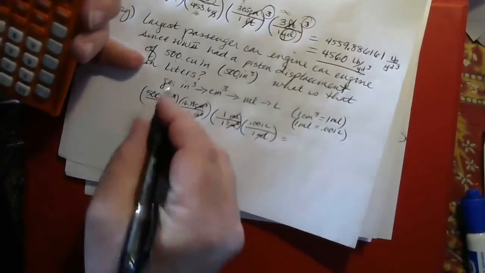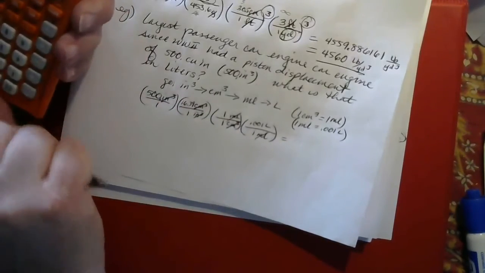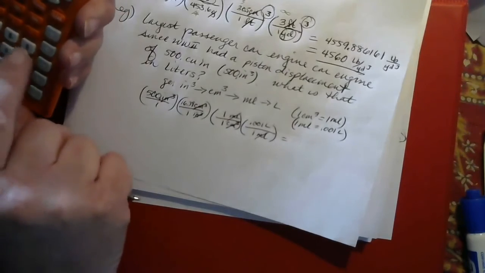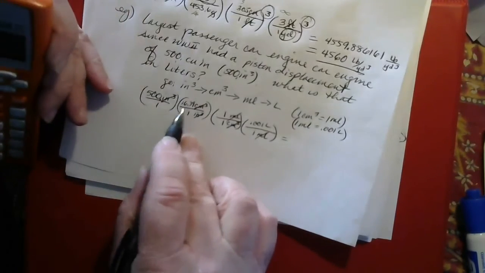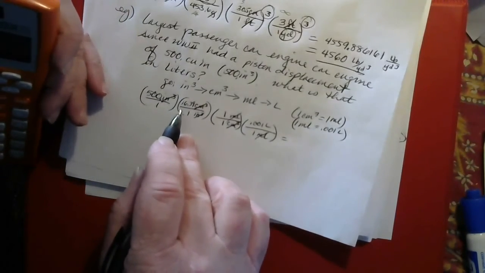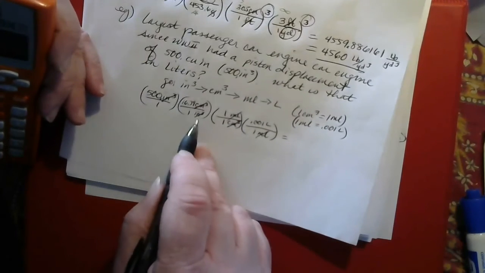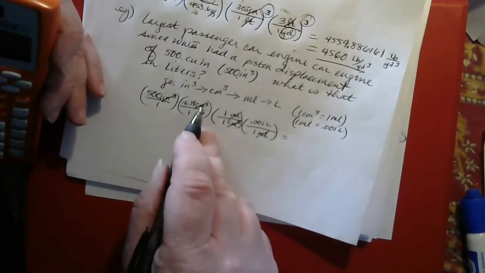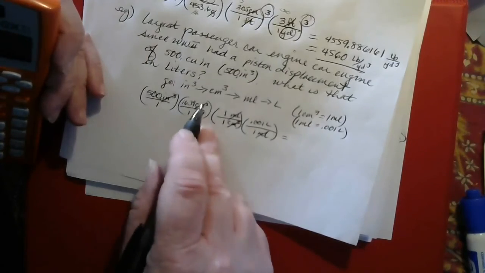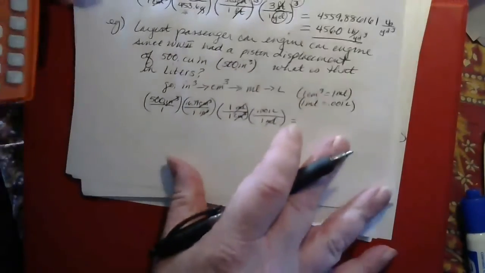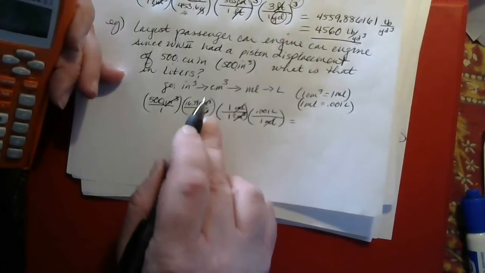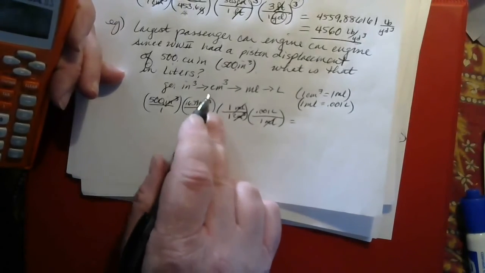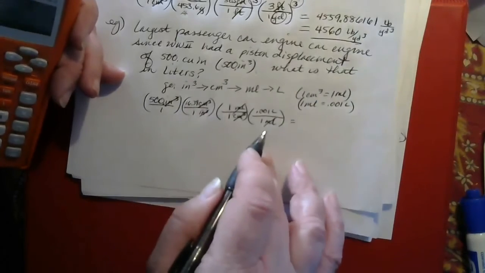Okay, so 500. That's going to be important later. Times 16.39. Now remember, we had a conversion factor directly between cubic centimeters and cubic inches already, so those numbers were already cubed. In this case, you put the 3's inside the parentheses, because if you put the 3 outside the parentheses, that means that everything inside the parentheses needs to be cubed as you're multiplying things out.